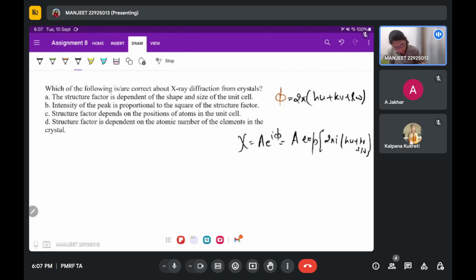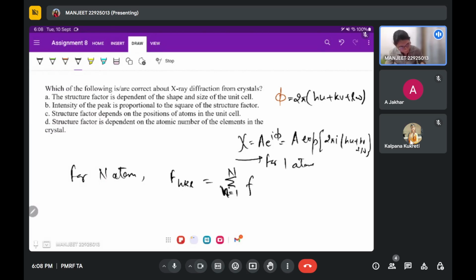This is for one atom. For n atoms, the structure factor corresponding to HKL will be the summation over n, F_n times the exponential of 2 pi i (h u_n plus k v_n plus l w_n). I use small n because i represents the imaginary unit here.